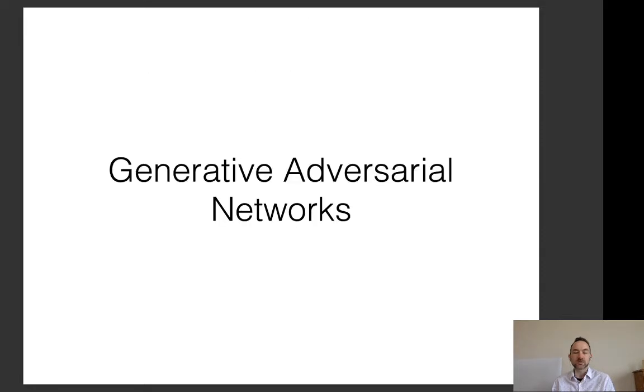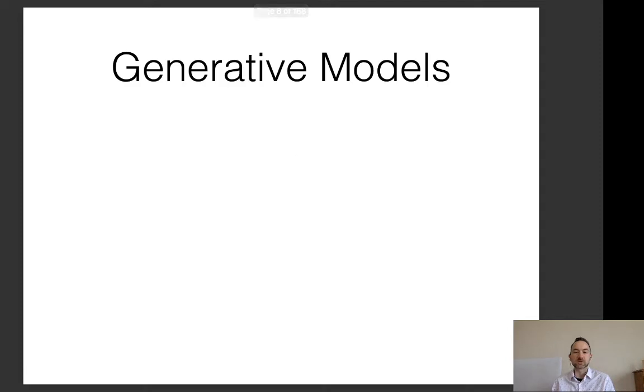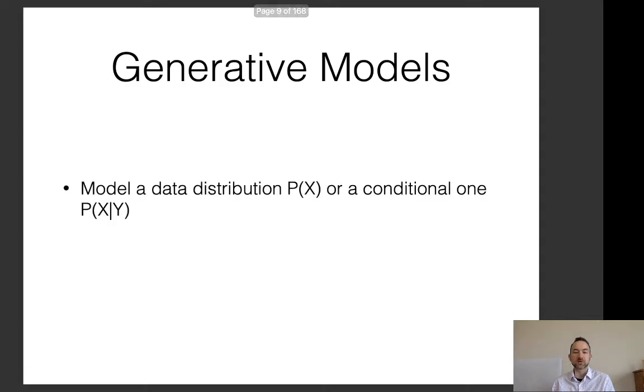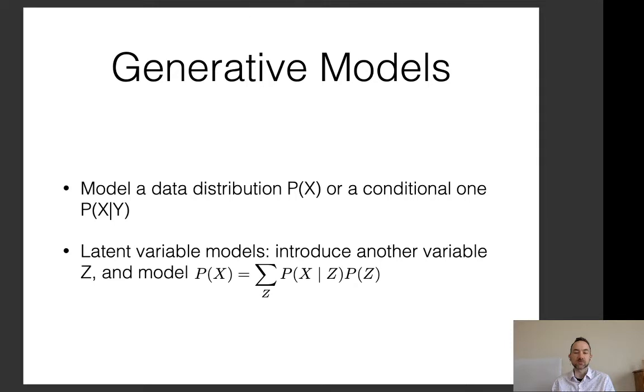So first, let's try generative adversarial networks. Generative models overall are trying to model a data distribution P of X, or a conditional data distribution P of Y given X or P of X given Y. Latent variable models introduce another variable Z and model P of X given the integral or sum over all of these latent variables.